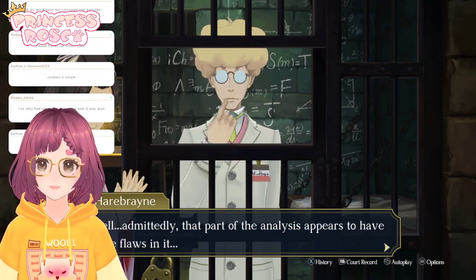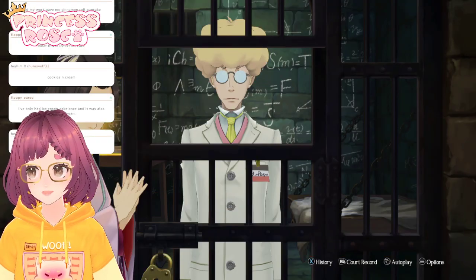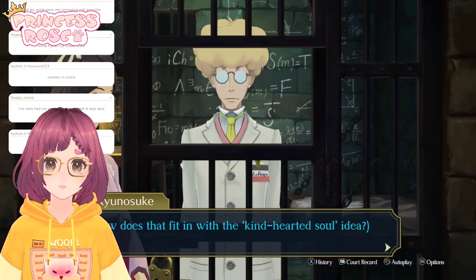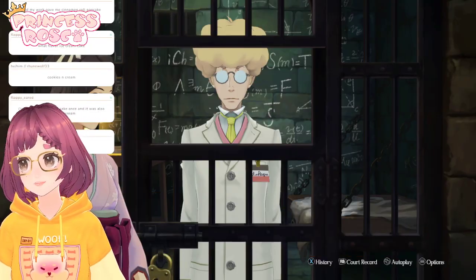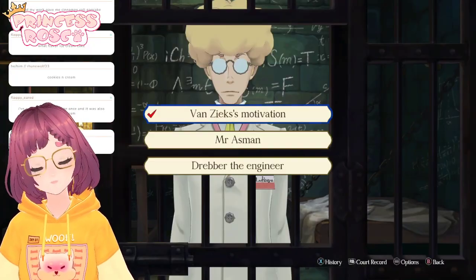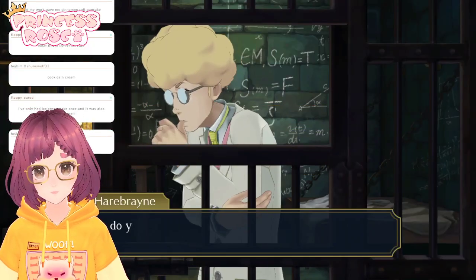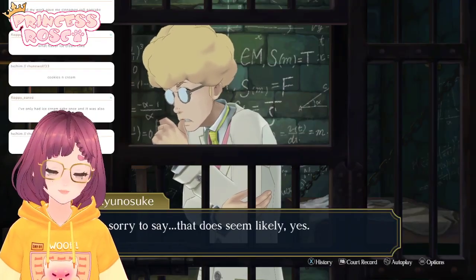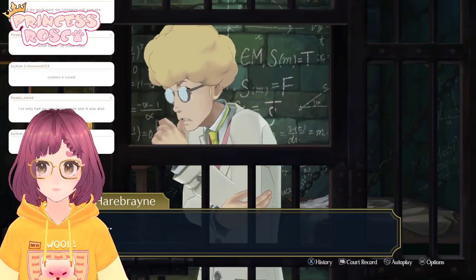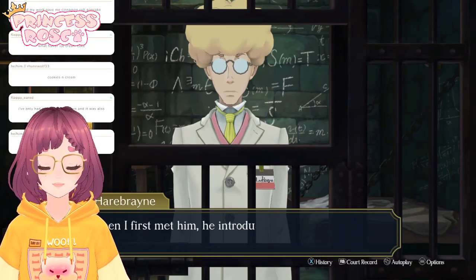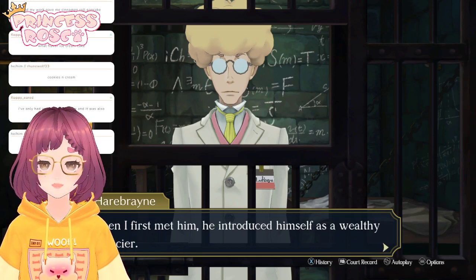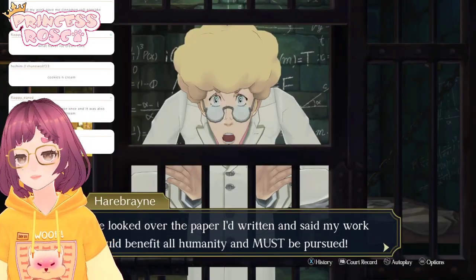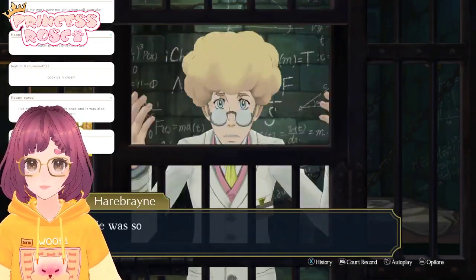Well, admittedly, that part of the analysis appears to have some flaws in it. And what about the whole Reaper side of things? How does that fit in with the kind-hearted soul idea? Do you think he set out to trick me from the very start? I'm sorry to say, that does seem likely, yes. When I first met him, he introduced himself as a wealthy financier. Financier? He looked over the paper I'd written and said my work would benefit all humanity and must be pursued.